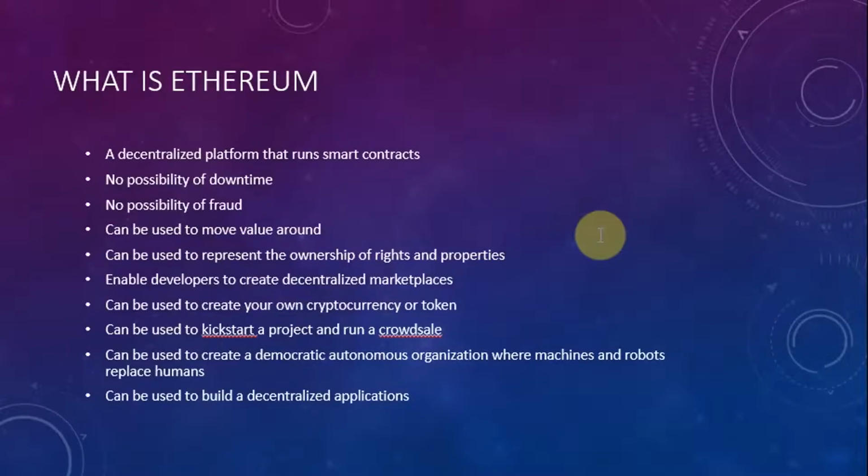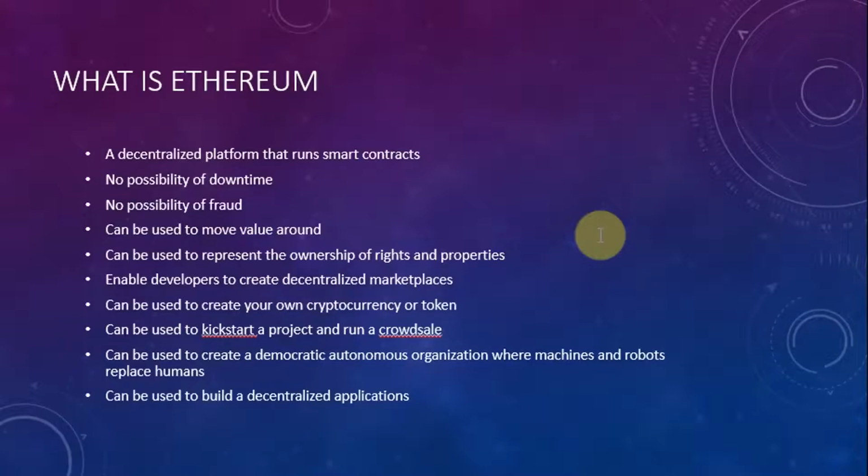And then Ethereum can be used to represent the ownership of rights and properties. Just like I was explaining, digital media content producers like musicians, publishers, game developers, software developers can represent the ownership of their digital media products with Ethereum.